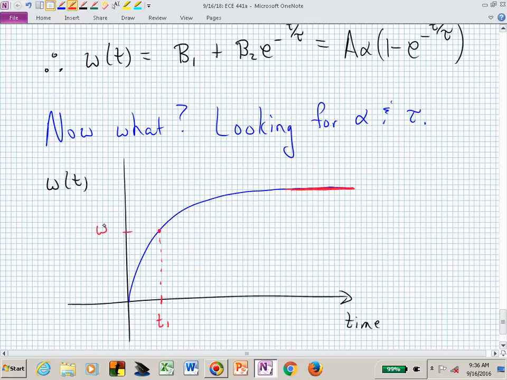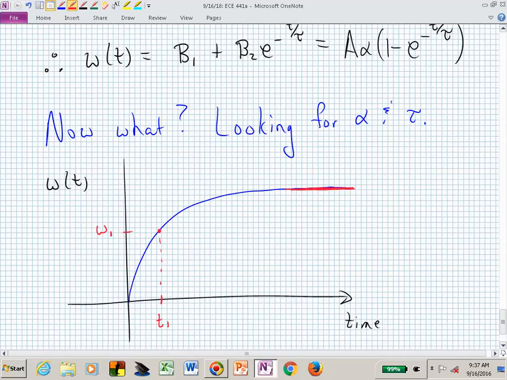I'm going to take a picture or plug in the instruments, and at time T1, I'm going to tell you how fast that shaft was moving. And then I wake up, and here it's at steady state. This is where it's finally at. Here's my final value for the shaft velocity.